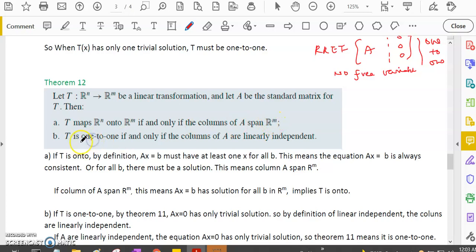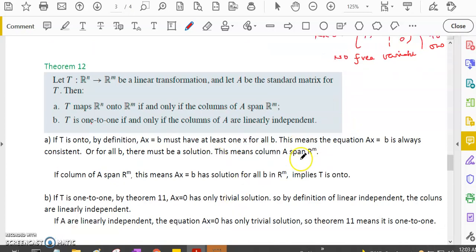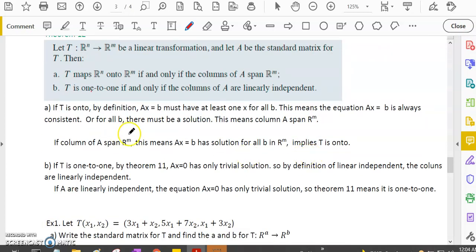The second: if it is one-to-one, then the columns of A are linearly independent, which is actually the same as saying that when you solve, they have no free variable. This is useful because linear independence is easy to check, for example if there are only two columns. So let's go through the proof.